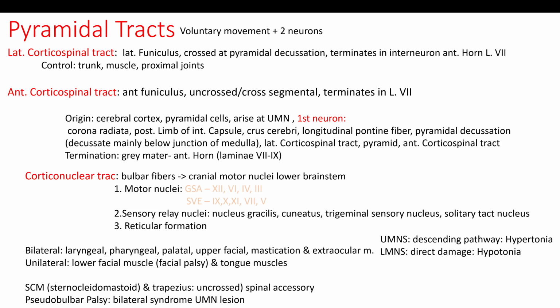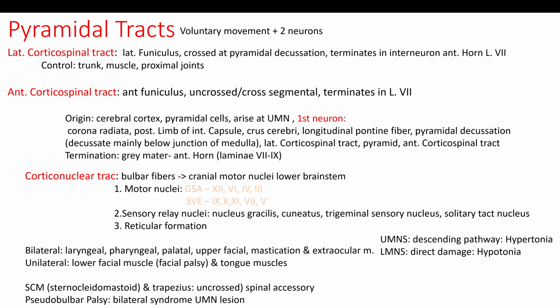There is the GSE, which includes hypoglossal, abducens, trochlear, oculomotor. SVE: ambiguus, facial, trigeminal. The sensory related nuclei are the nucleus gracilis, cuneatus, trigeminal sensory nucleus, solitary tract nucleus. The reticular formation, cortico-reticular fibers. Then there are the bilateral fibers going to laryngeal, pharyngeal, palatal, and upper facial muscles, muscles of mastication, and extraocular muscles.